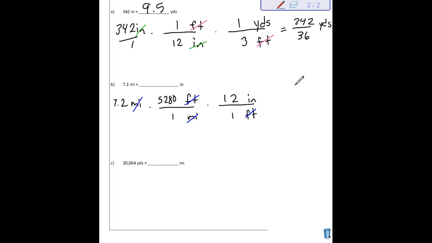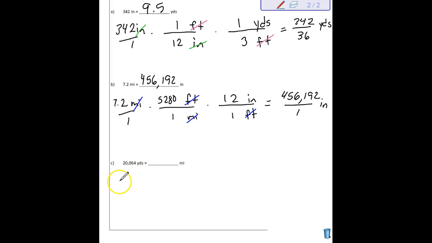So I take 7.2 times 5,280 times 12 in the numerator, and I get 456,192. And then in the denominator, I have 1 times 1 times 1, which is just 1. So my answer is 456,192 inches. Okay?